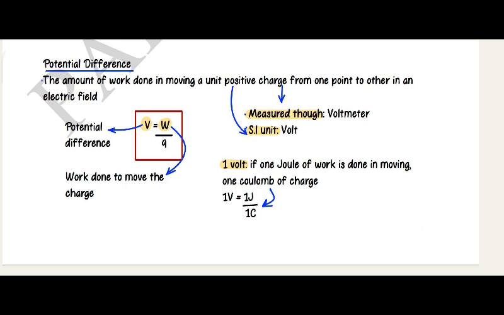V is equal to W by Q, where V is potential difference, W is work done to move the charge, and Q is charge. 1 volt is equal to 1 joule by 1 coulomb: if 1 joule of work is done in moving 1 coulomb of charge.